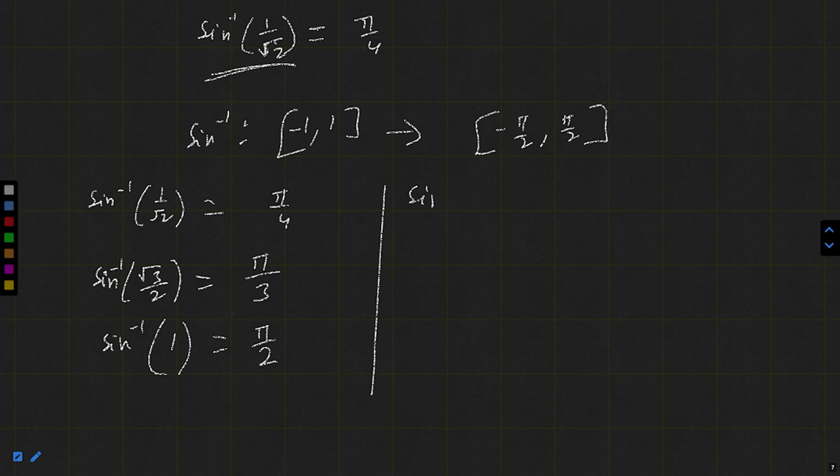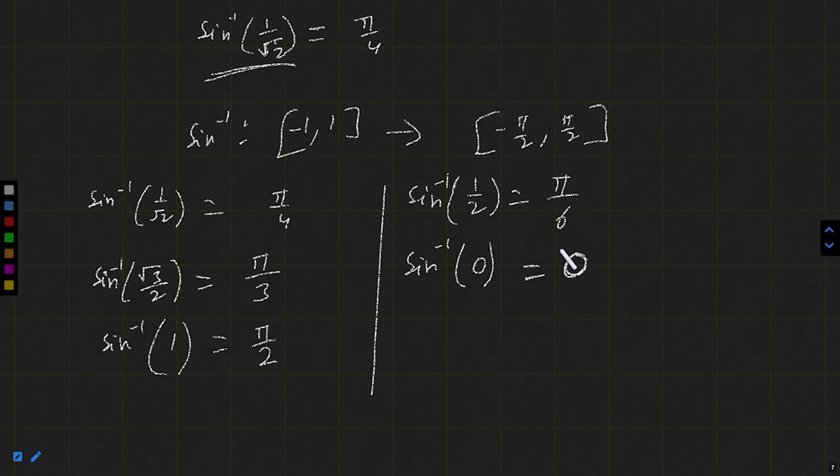And sine inverse 1 by 2 will be what? Pi by 6. Okay, and sine inverse 0 will be what? 0.